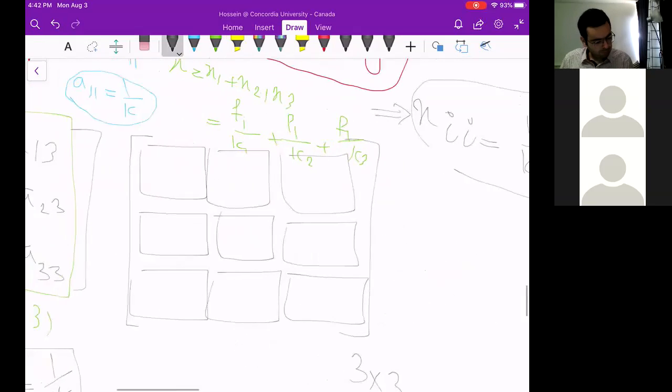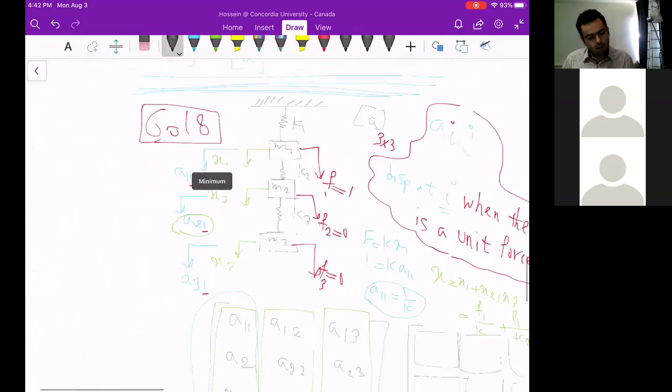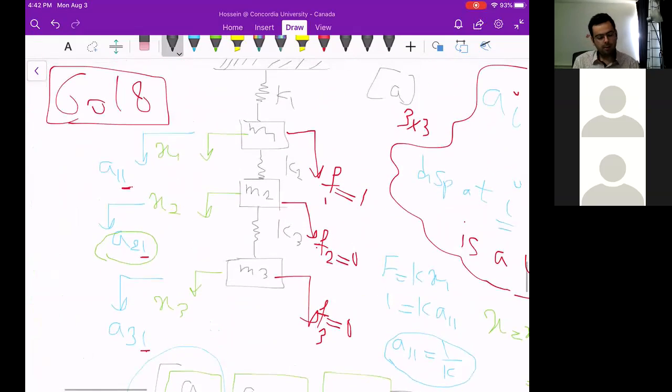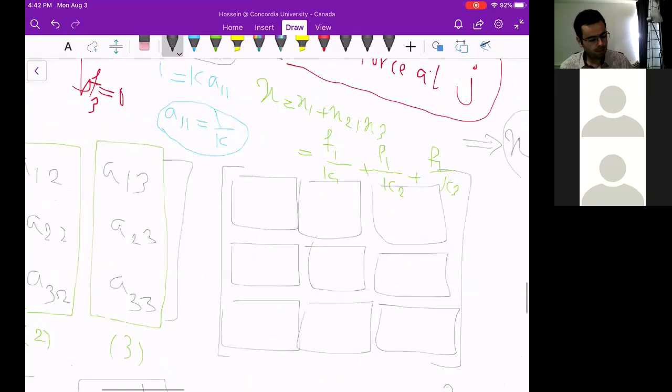So the first one is very simple. The displacement at mass 1 when there is a unit force 1. Here I simply wrote F is Kx1, x1 is A11. So F is unit 1 and K, and A11 is the displacement, which is 1 over K. So you can simply fill out here 1 over K1. So 1 over K1 is the displacement at mass 1, right?